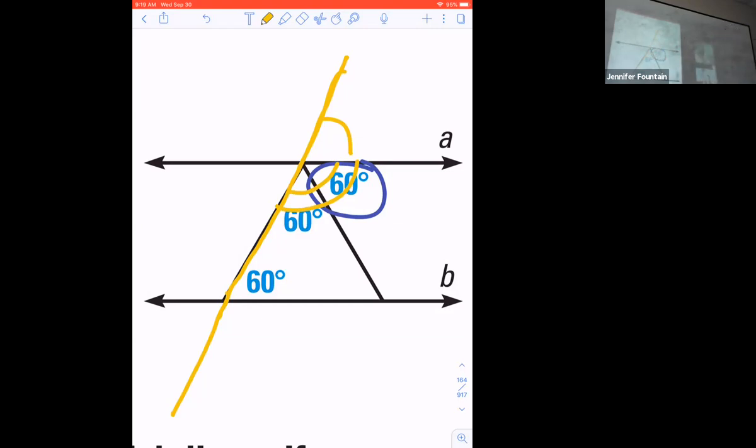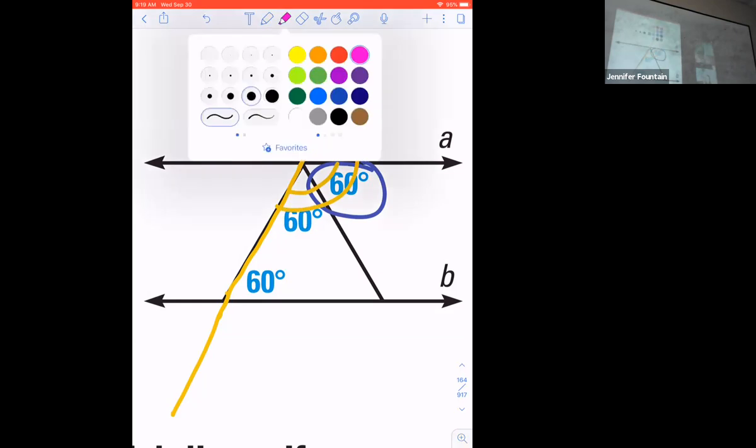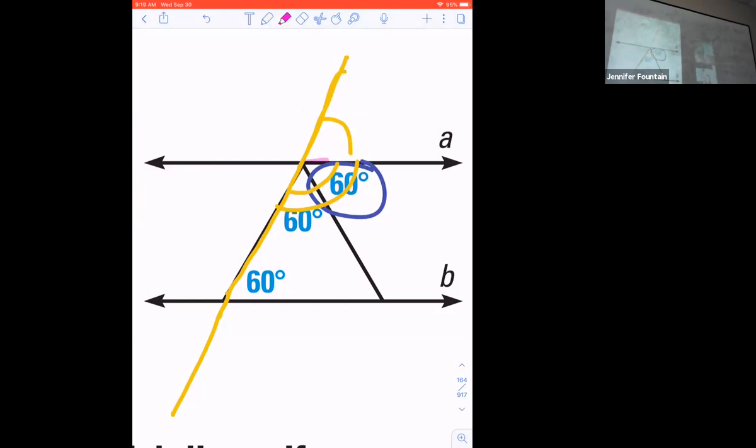So I would know that this angle here would be 120 degrees. Is everybody with me so far?